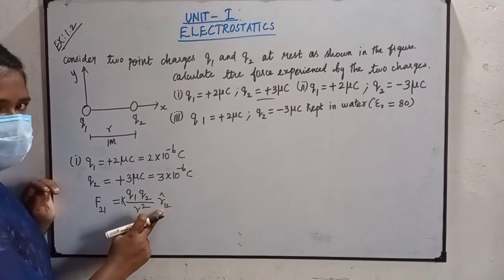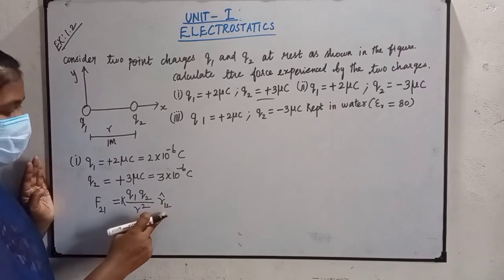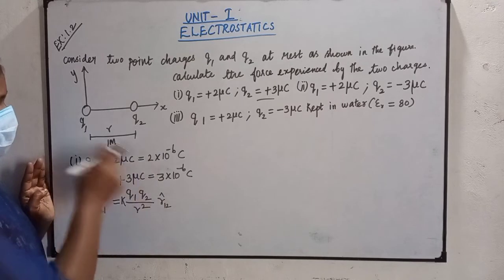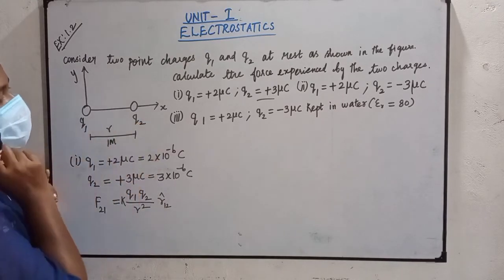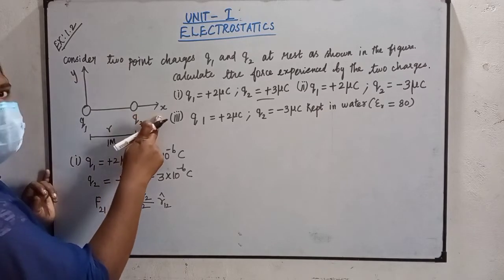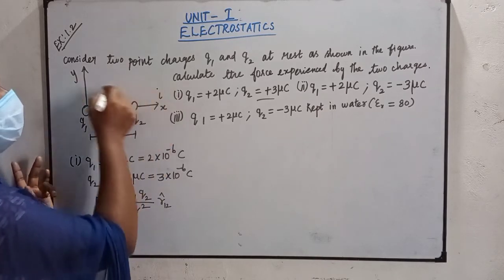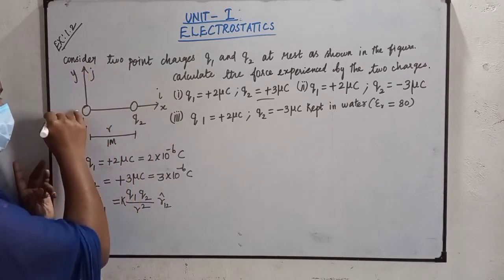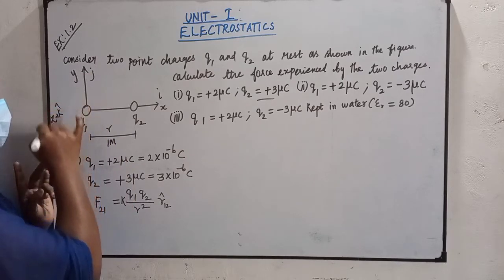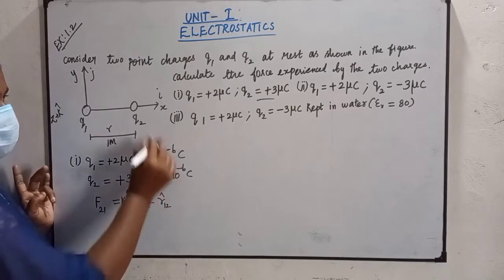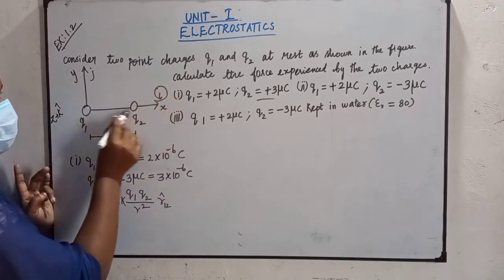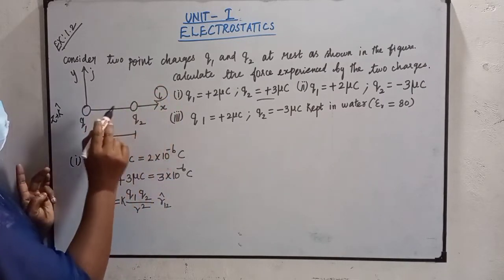That means it represents the position, the position of these two charges on the x-axis. In vector notation, we use the components: x is i, y is j, and z is k. So we represent this unit vector as i, because both charges are placed in the x direction.